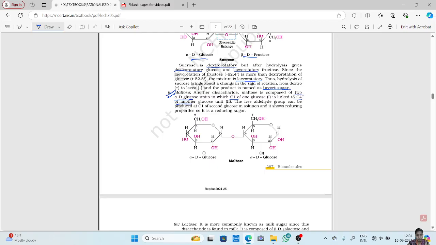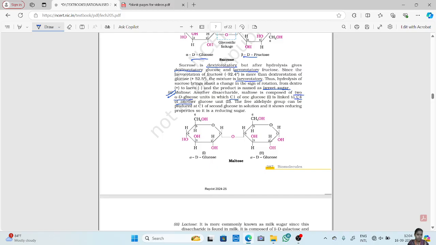In sucrose, both are joined through C1 of glucose and C2 of fructose. Both are functional grouped carbons, right? C1 of glucose has an aldehyde and C2 of fructose has a ketonic group in them. That's why it is non-reducing.